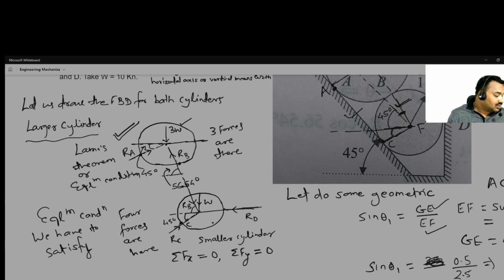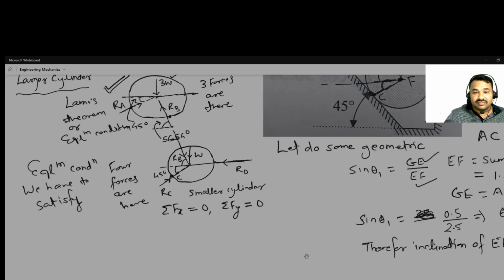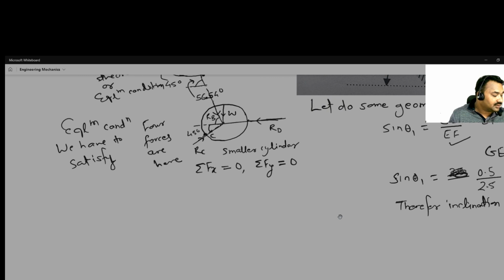Okay, so actually from here we will get RA equal to 16.88 kilonewton, and I am writing the answers for RB so that you can match after solving this, in kilonewton.